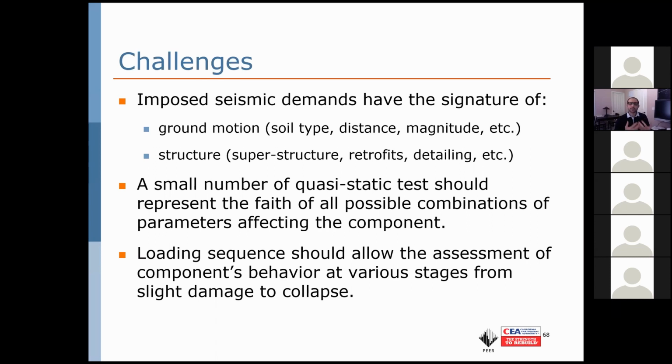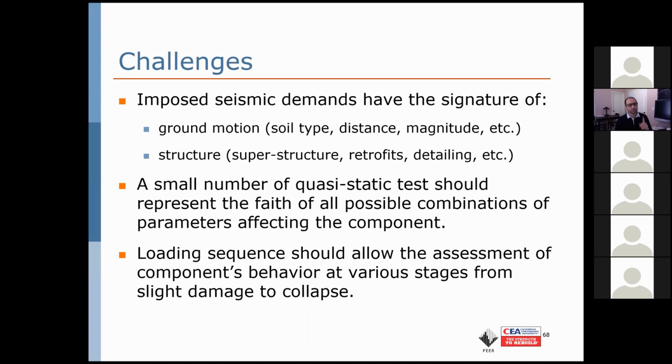So we imposed seismic demands on these cripple wall models that we had. We need to make sure that ground motions are representative of different locations in California, the work that Working Group 3.1 has done, and I won't say much in that regard because Silvia is going to speak a lot about that task.